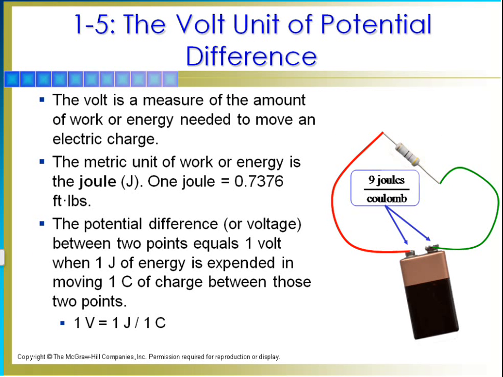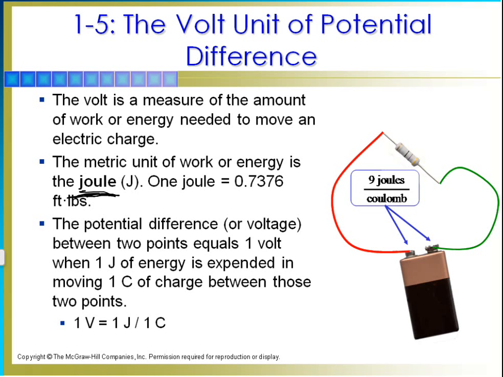Now, what is voltage? Where do we get it from? Well, we have to be able to measure the amount of work, or the potential to do work. And that's where work energy comes in. The joule is a measurement of work energy. How much energy is expended to do a fixed amount of work.